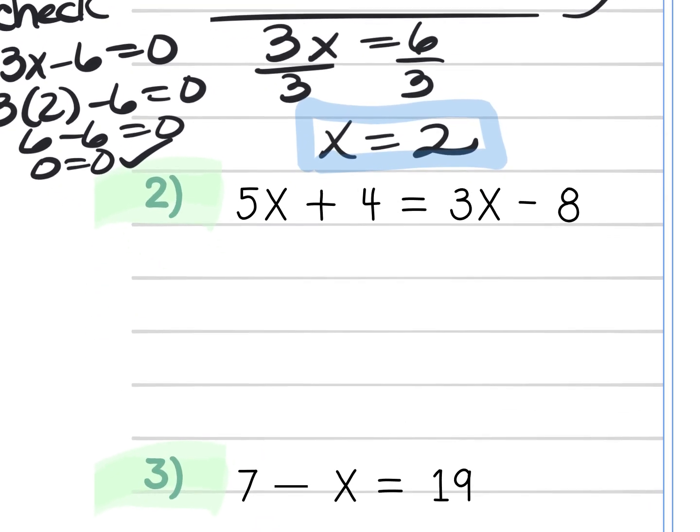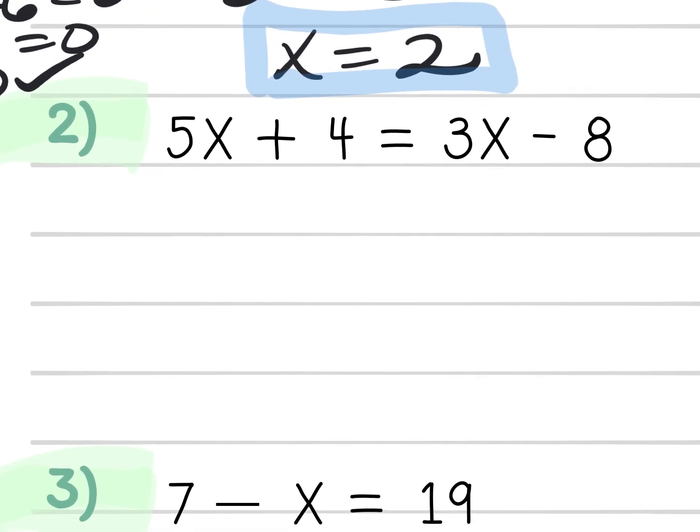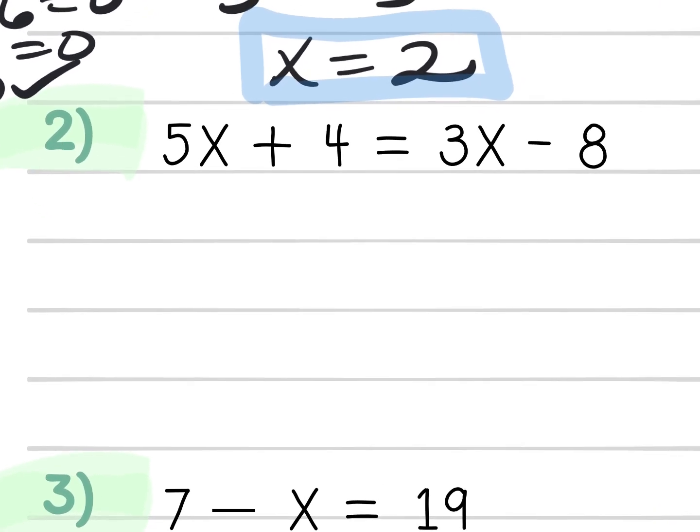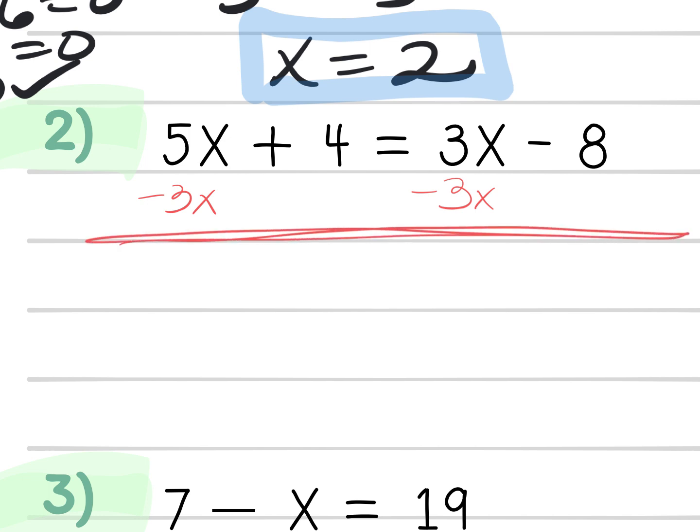The next one now, I have both variables and numbers on both sides. Now, it doesn't matter what you start with. I'm going to go ahead and move my x's together first. So I'm going to decide to subtract the 3x from both sides. You could have also moved the 5x to the other side, doesn't matter.